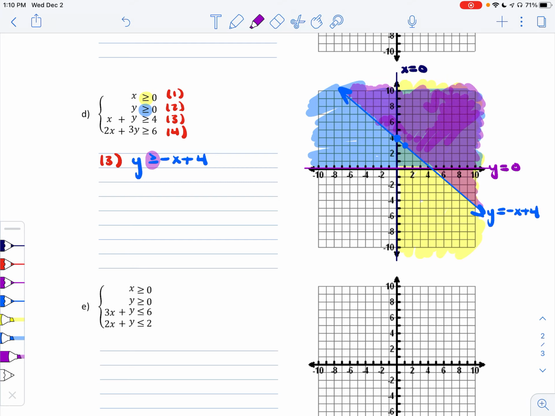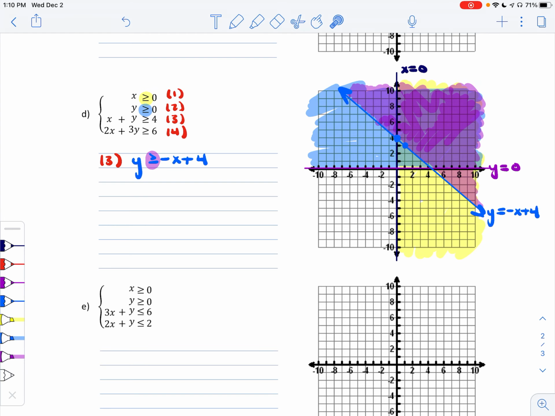Okay, so now what we essentially have is this region in quadrant 1 that falls above that new line that we just added in.